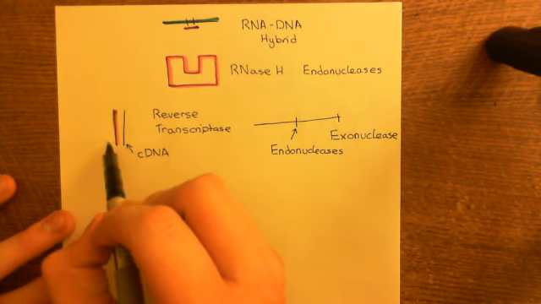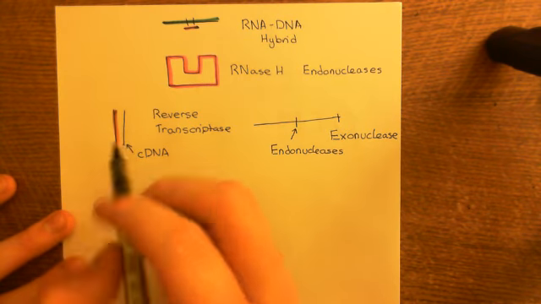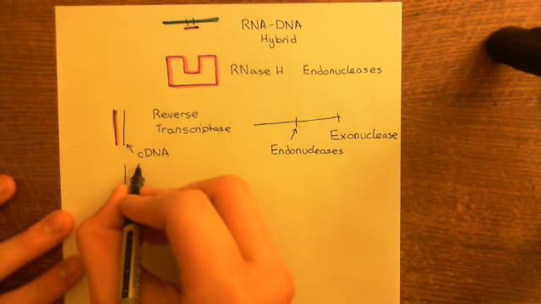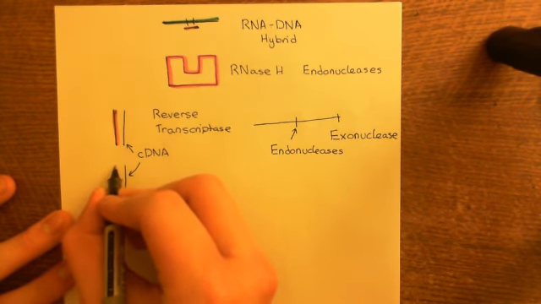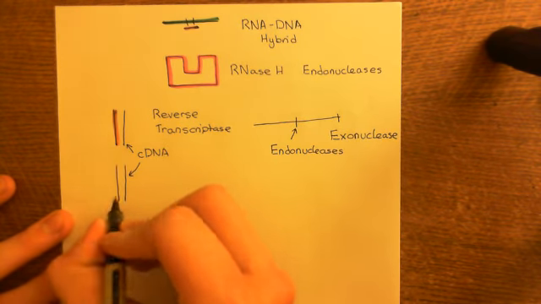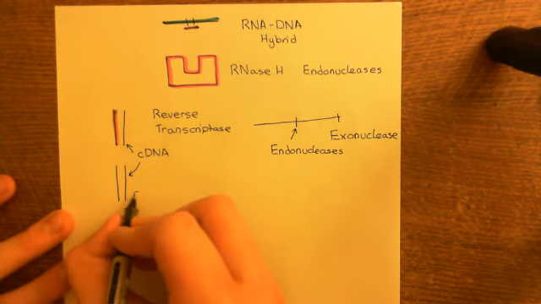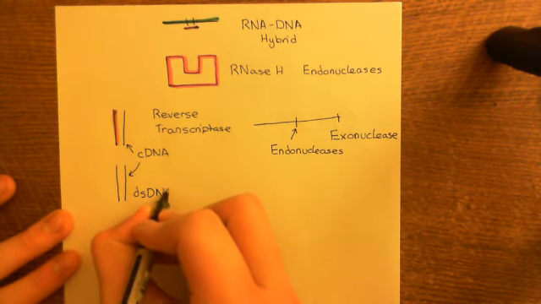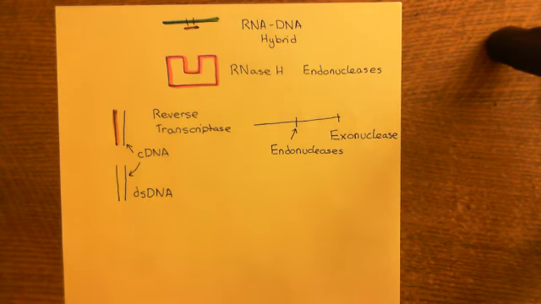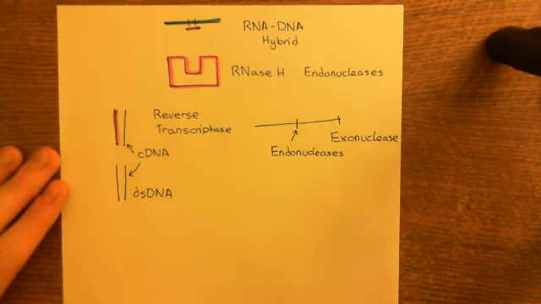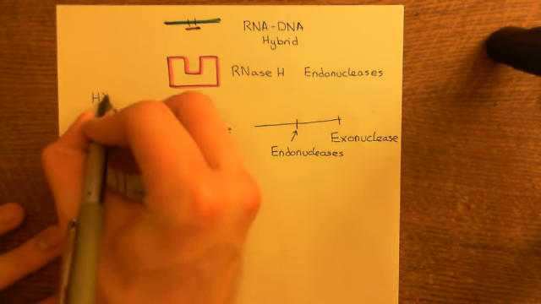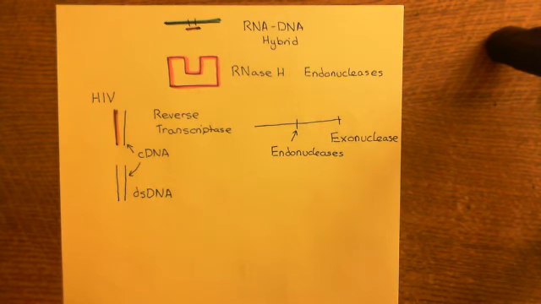That will disintegrate apart, and then you can move on to synthesize a complementary strand to this piece of DNA that you've synthesized. So you'll make another piece of DNA, and now you've got a double-stranded piece of DNA which can then be implanted into the human genome, and that's very important in the pathology of HIV. So this is happening in HIV, the human immunodeficiency virus.